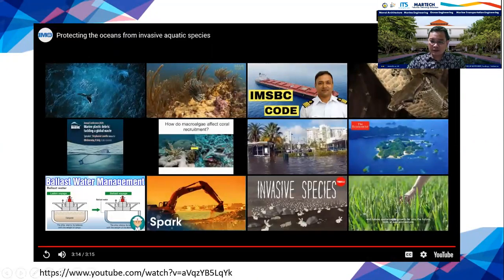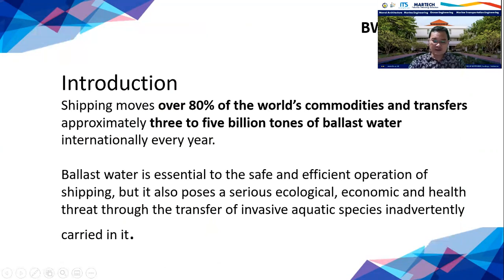Okay, so those are basically the overview of the ballast water management convention, how it will be conducted. If you have a look at the background, why is it very important?